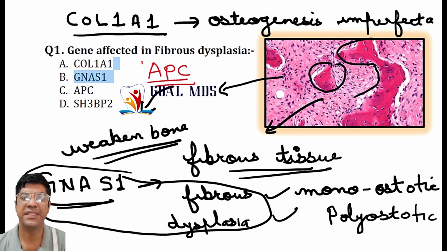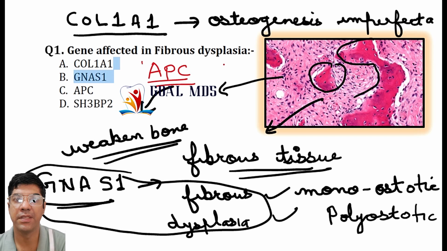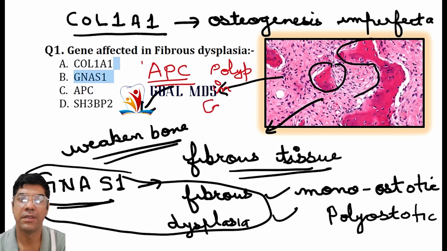So remember, the APC gene is related with polyposis, adenomatous polyposis coli. This gene will lead to polyps in the colon, so there will be a high risk of colorectal cancer.